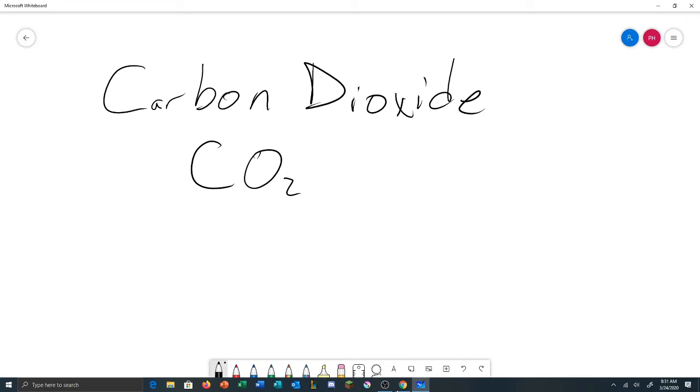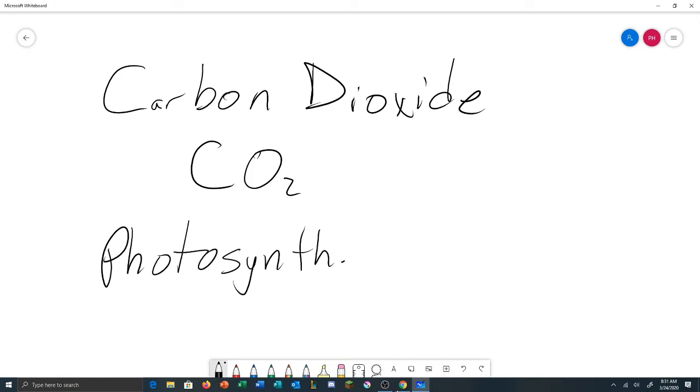Where have you heard this before? Well, remember talking about photosynthesis, or even cellular respiration, if you know that. That's just the opposite of photosynthesis. Now, if you're thinking about photosynthesis, where is carbon dioxide in there? Well, that's one of the ingredients for it, right?